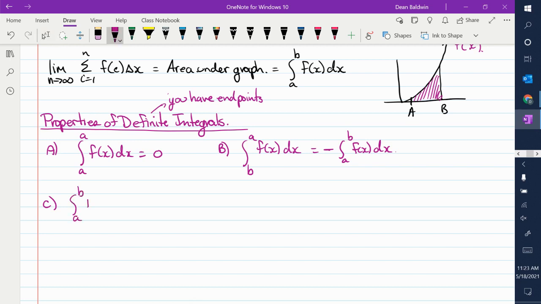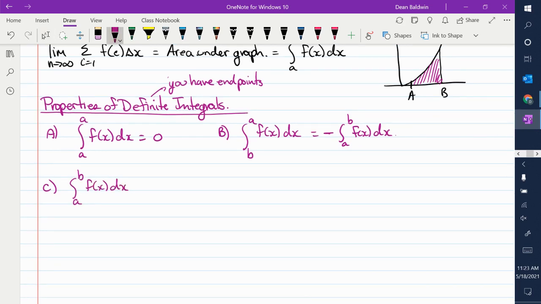I have a to b of f of x dx. And my graph, I'll draw it right below. That represents that area. Agreed? If I have some letter C in the middle there, I can break this integral up too.